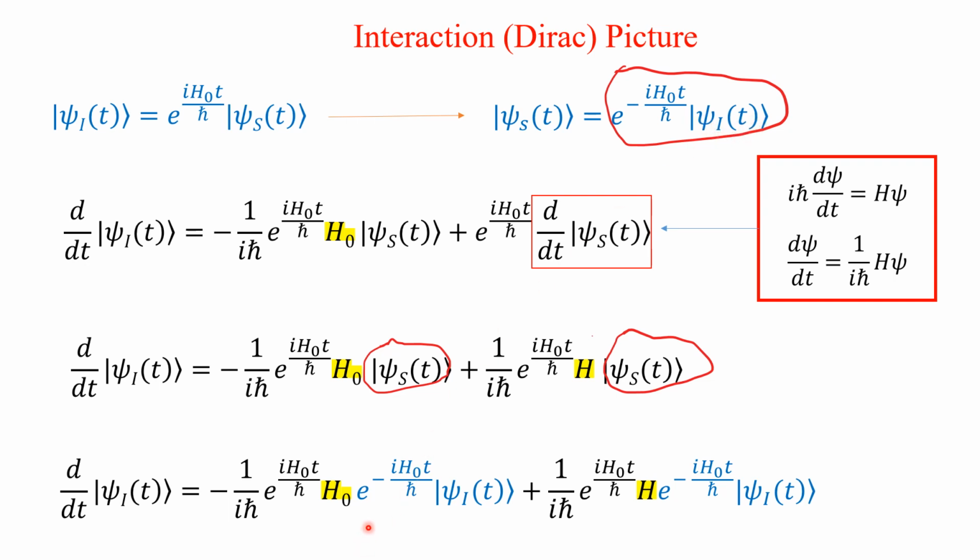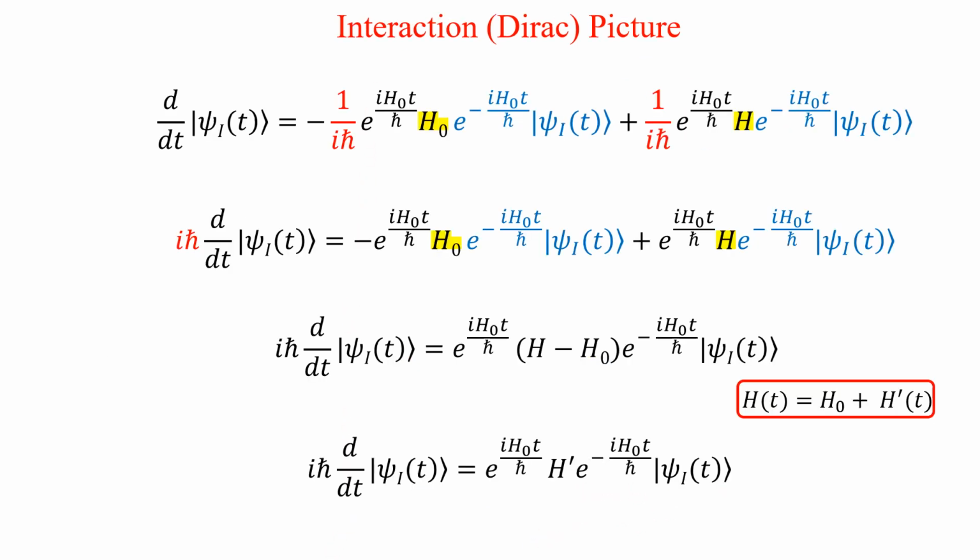So I have done that. So here you note that this is U dagger, this is U. Similarly, this is U dagger, this is U. That also you have to remember. We will see what will happen to this.